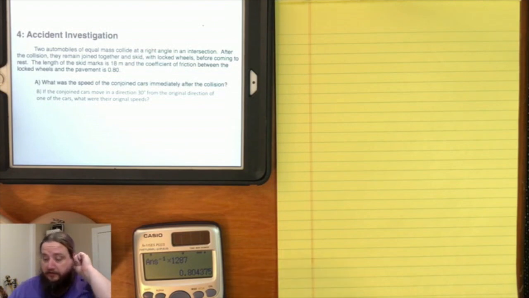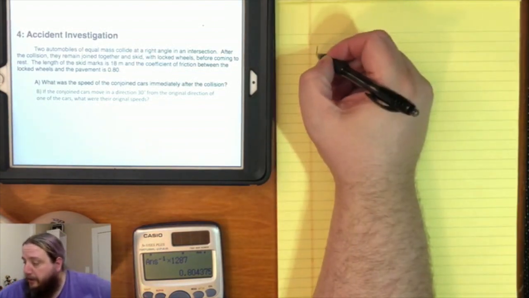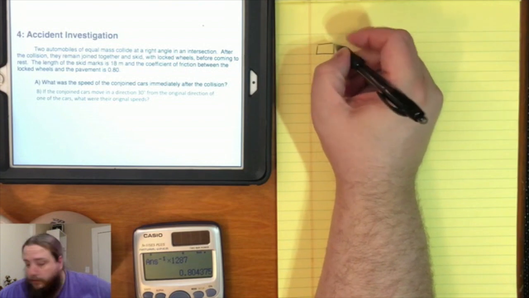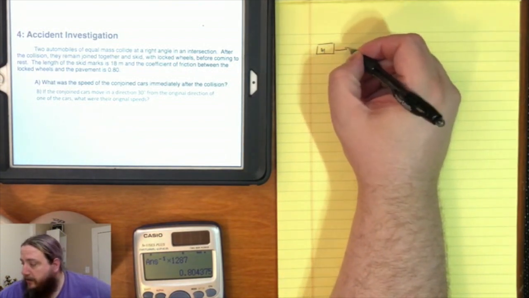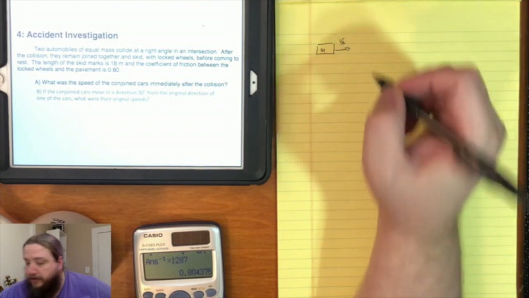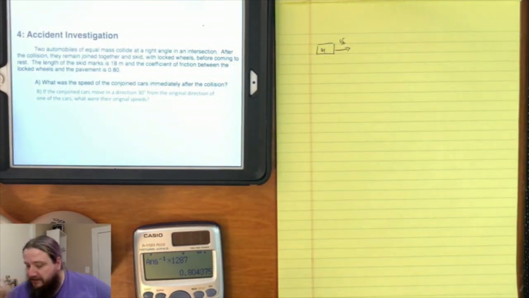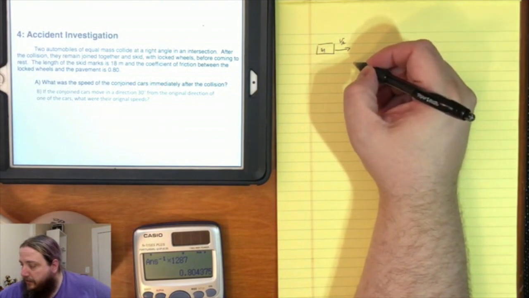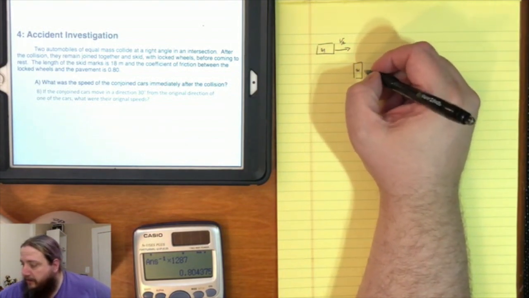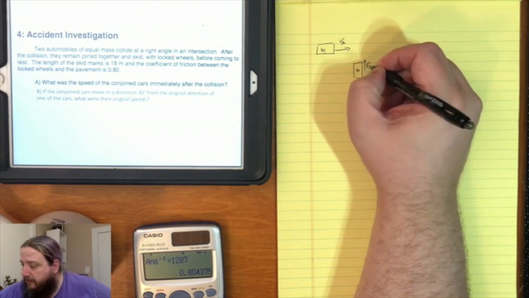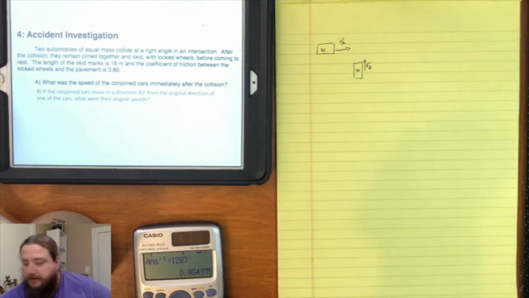All right, so let's draw ourselves a picture here. We have a car of mass m moving at a velocity va in that direction, and a car also of mass m moving at a velocity vb in that direction.